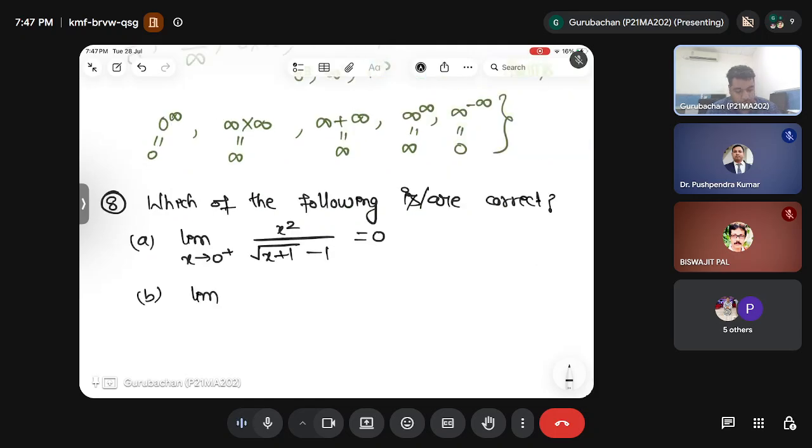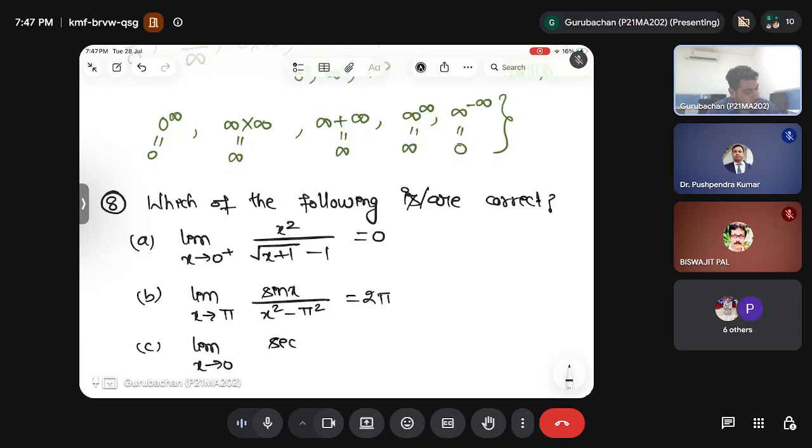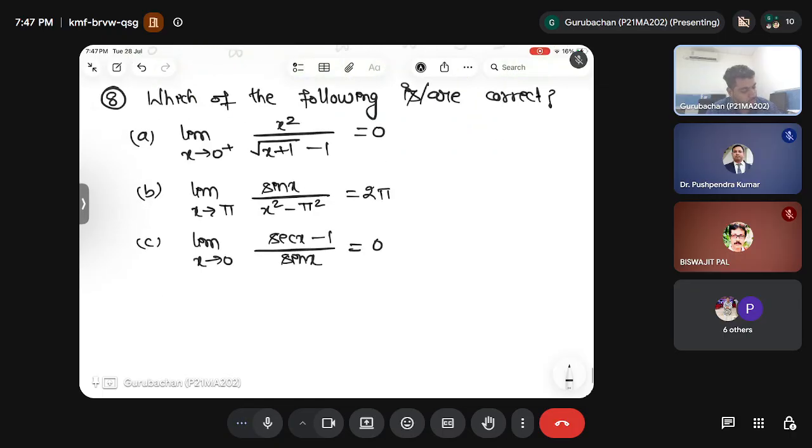Second one is limit x tends to pi of sin x divided by x square minus pi square is equal to 2 pi. Limit x tends to 0 of secant x minus 1 divided by sin x is equal to 0. And the last one is limit x tends to 0 minus of x square is 0.